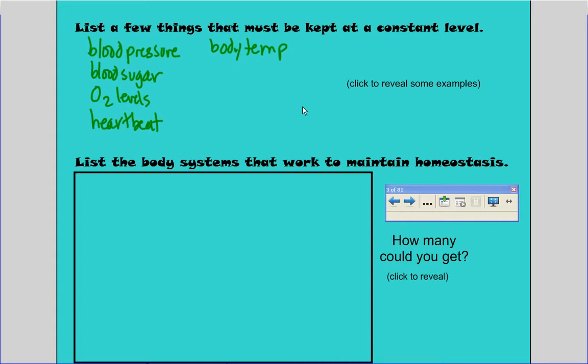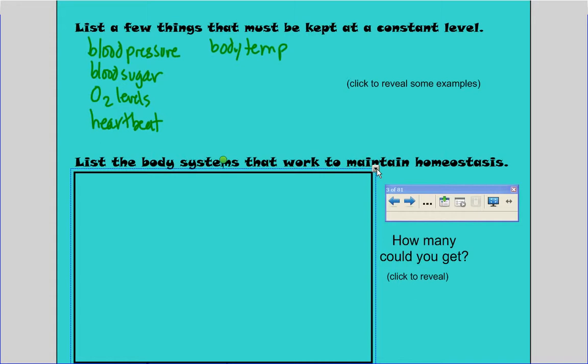And then we worked on a little activity trying to brainstorm as many body systems as you could. And just for fun, we tried to see how many you could list. So if you try and think about all the things that you do, or what kind of things your body is meant to do in the long run, then rather than memorize all your body systems, you can try and think, okay, well, what are these parts?